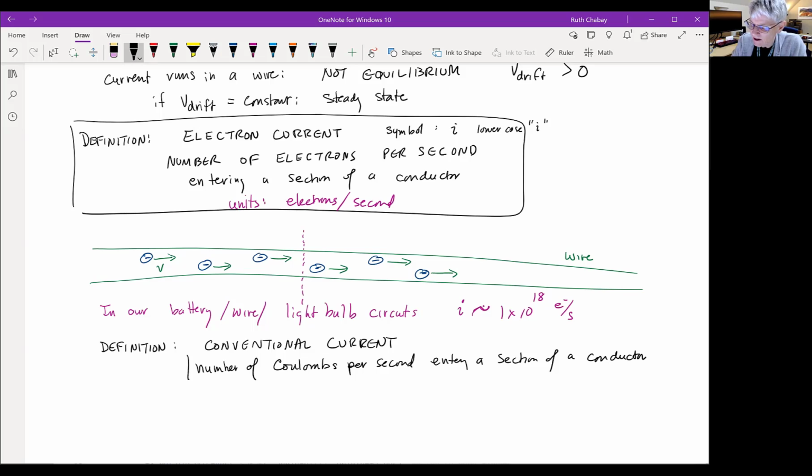But actually, it's the absolute value of the number of coulombs per second, because conventional current, which has the symbol capital I, assumes that the mobile charges are positive.